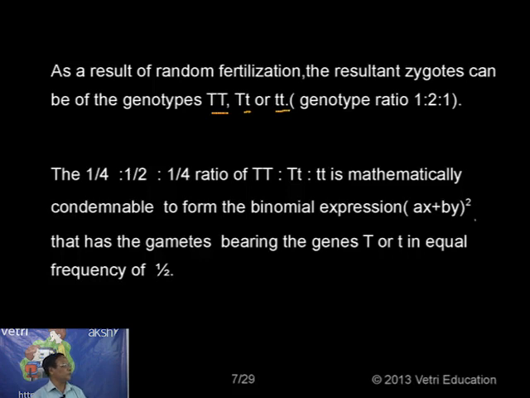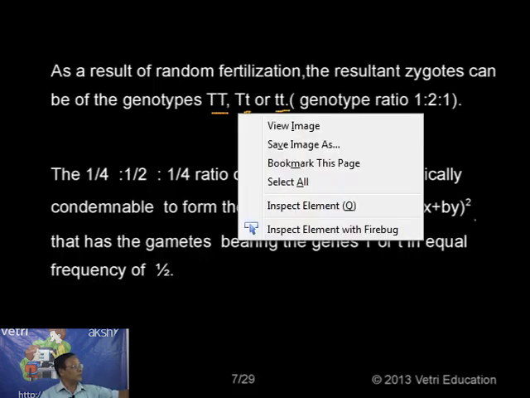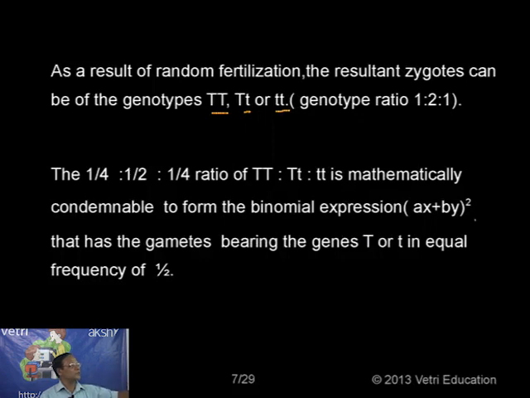Because of the probability, we have the genotypic ratio 1:2:1. That means the capital T has a chance of fertilizing capital T, so you are getting the homozygous dominant, and the capital T also has a chance of fertilizing an egg with small t, so we have received the heterozygous individual. Similarly, when a gamete having a recessive factor fertilizes an egg having a recessive factor, we receive the homozygous recessive individuals.